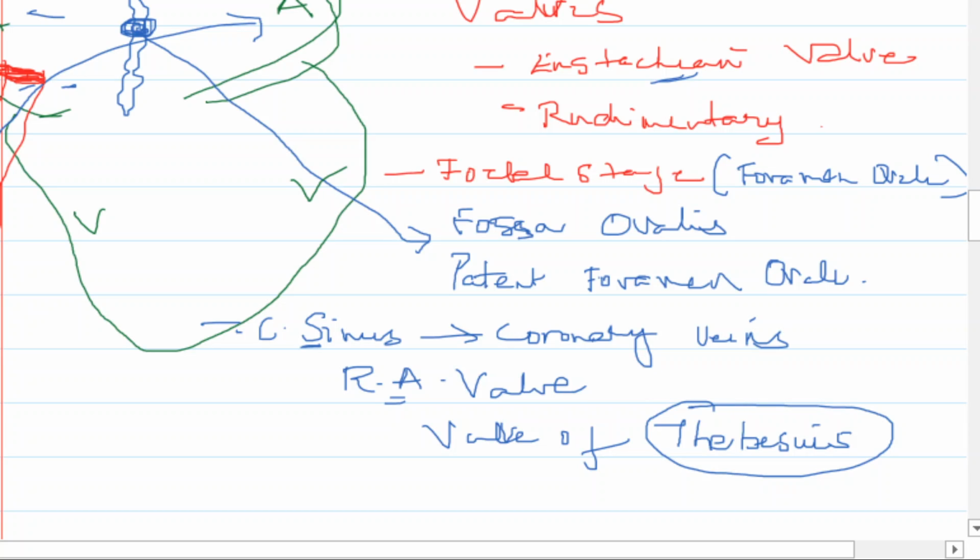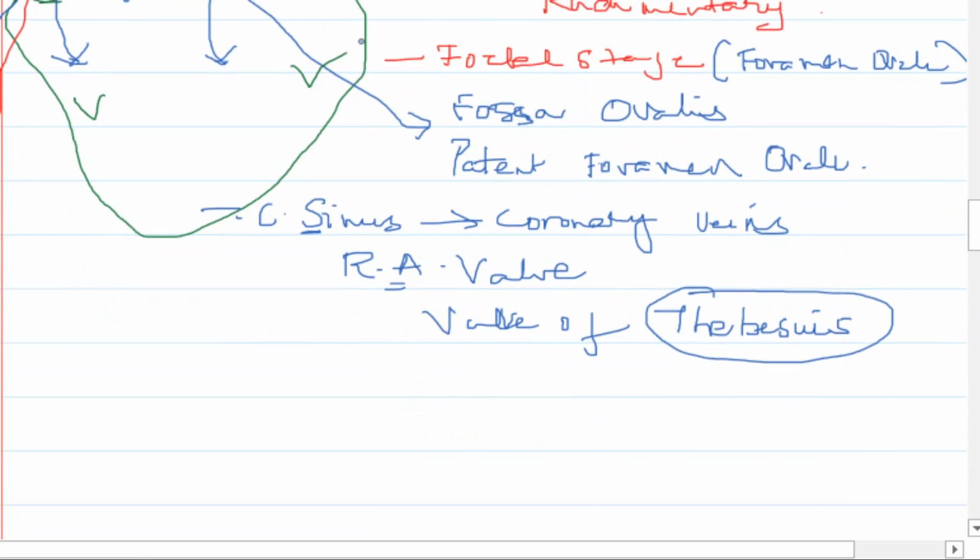Okay, these are the two. Now, these two, the deoxygenated blood here and the oxygenated blood coming in through the pulmonary veins here, flow into your ventricles. Okay, so what are these valves called?